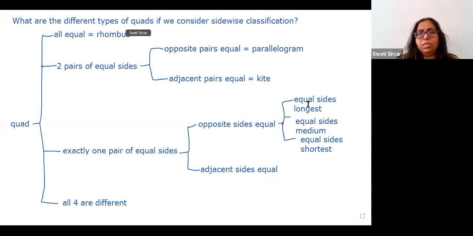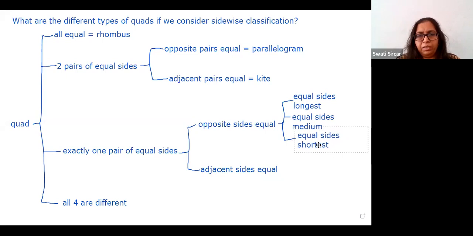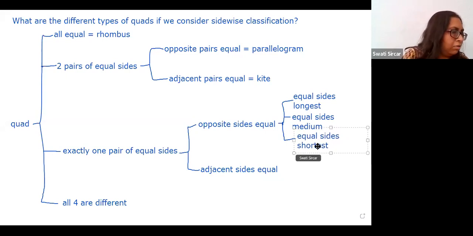Okay, so these are the 3 possibilities. And I'm just going to make the branches and not detail it out.